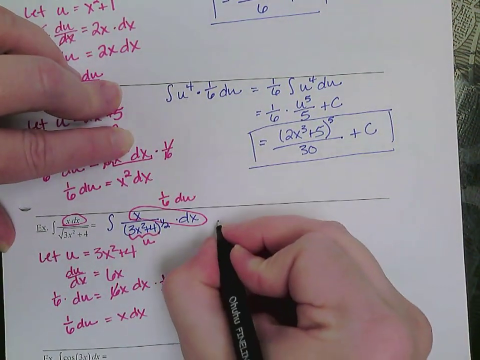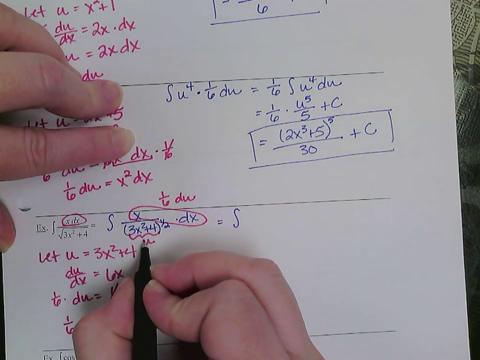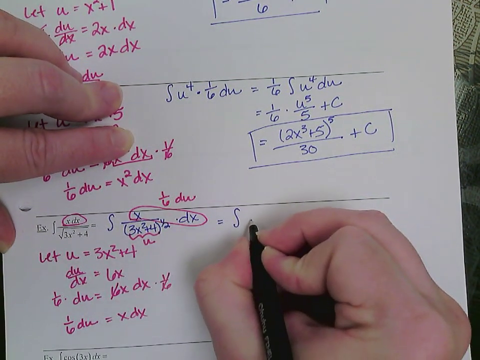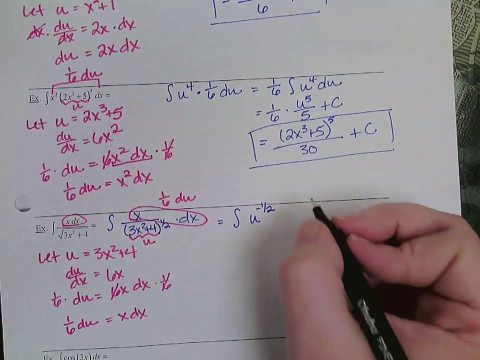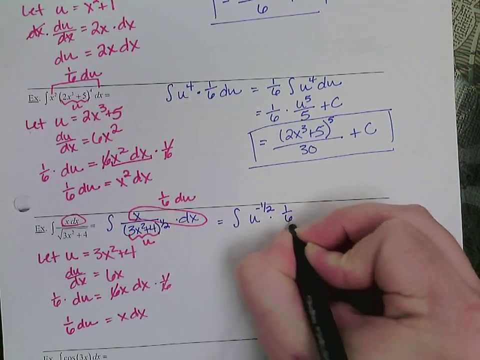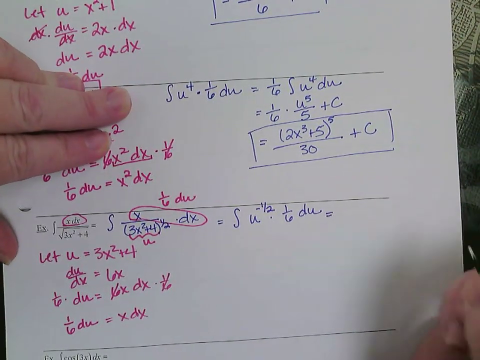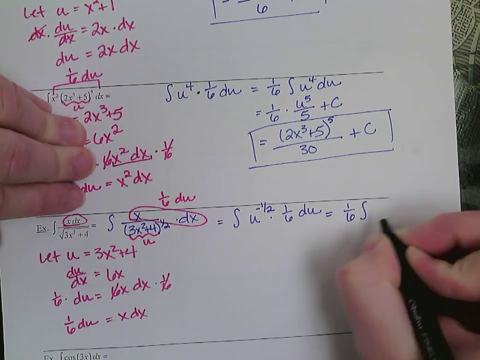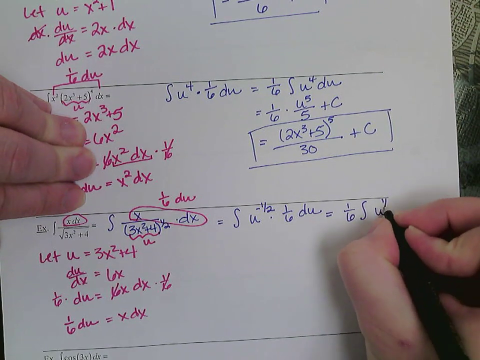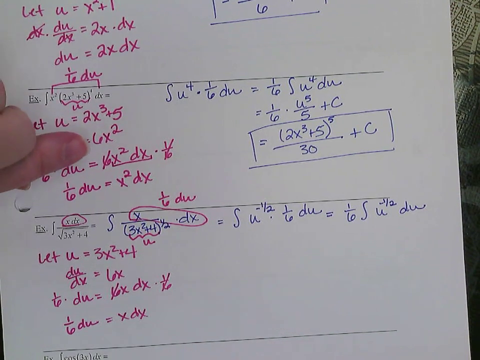And now we can rewrite our antiderivative as, instead of u to the 1/2 in the denominator, how about we go ahead and write it as u to the negative 1/2 and bring it up, times 1/6 du. We could pull the 1/6 out. All right, see if you can take it from there.